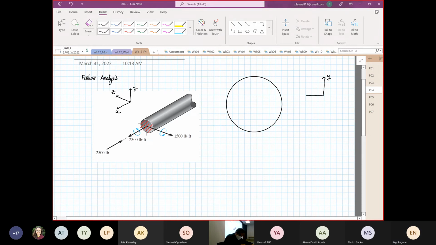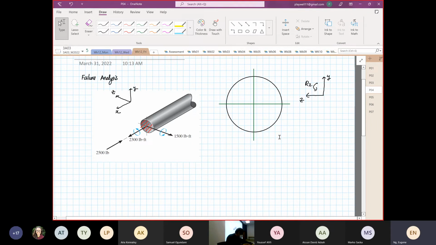Y, that's our Z, and this is our rotation about X. Okay, then I'm going to place 4 elements. Before I do that, I'll draw our center line. And I'm going to place 4 elements.